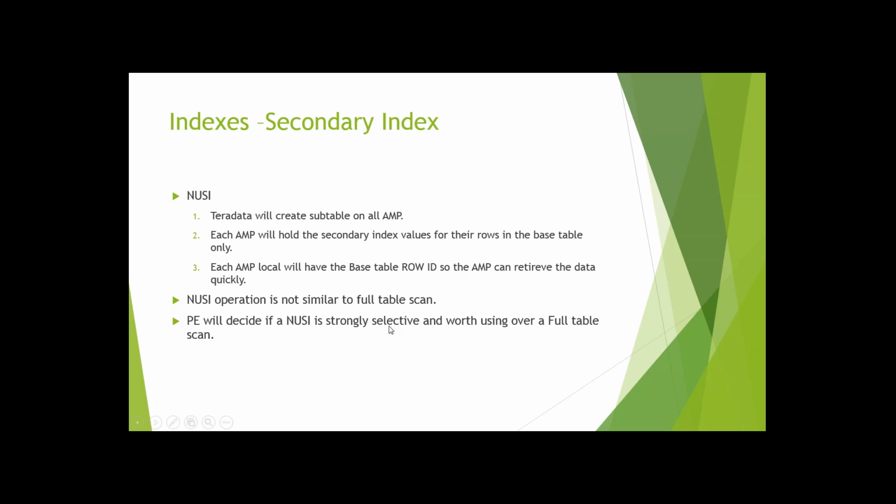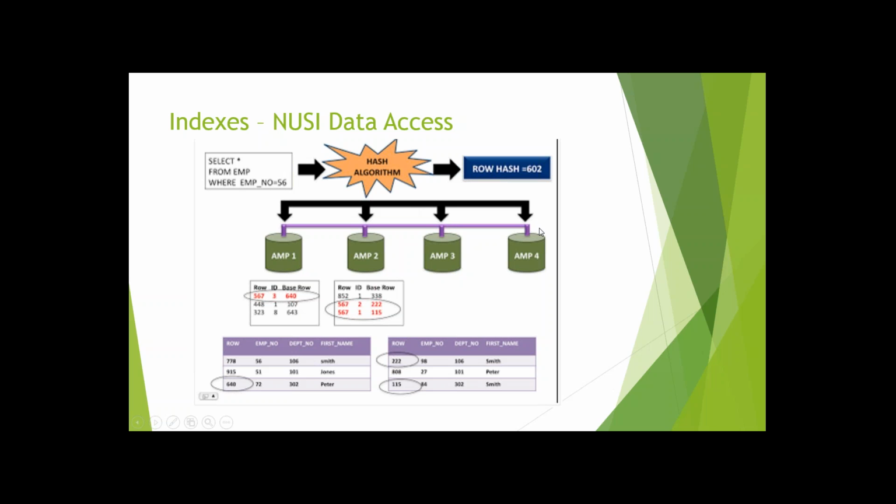Okay, let's look at how the NUSI is going to work. Let's say the same query, NUSI is going to give you 602. Now if you see, it's going and looking at all the AMPs to retrieve the 602, whereas with USI, it was a 1 AMP operation to retrieve from the subtable.